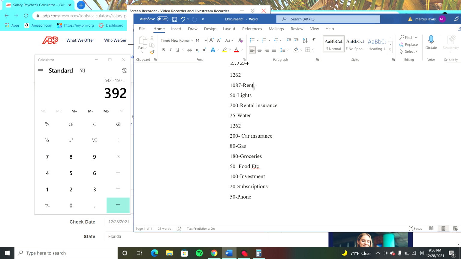You have to break it down to the important items that you need, the necessities. That's what I was trying to say. The necessities that you need first, and then you narrow it down to the little small itty bits: grocery shopping, the subscriptions, the Netflix and all that stuff, the phone bill, the internet bill on top of that.